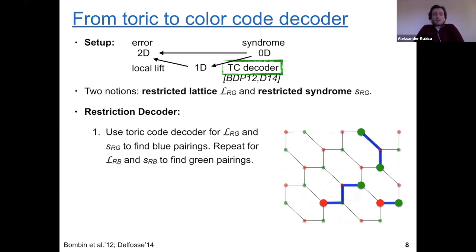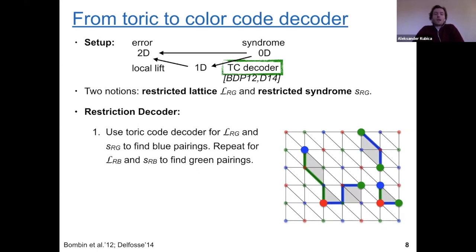I will do the same thing with the restricted red-blue lattice. And the pairing in that red-blue lattice, I will depict with thick green edges. Now, I will combine those two pairings. And that's what I have at this step of the algorithm. And notice that I don't know where errors happen, so I don't know the locations of shaded triangles.